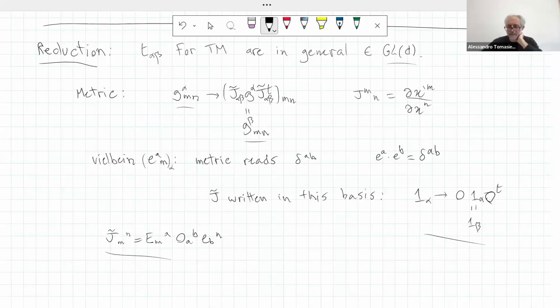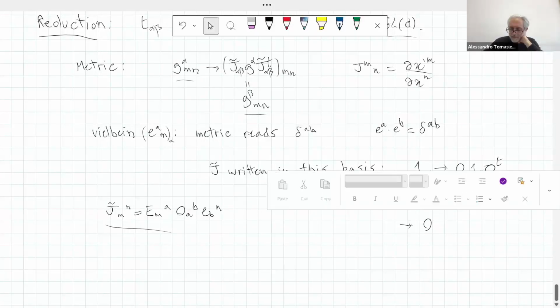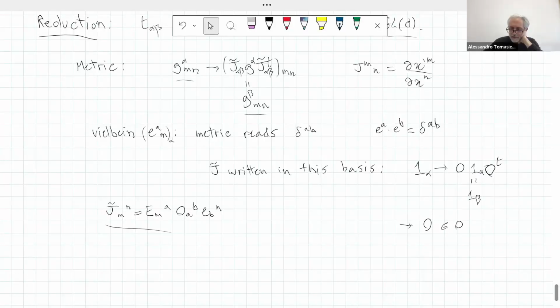But now, what does this tell us about O? Well, O O transpose gives the identity. So O is, as the name suggests, in O(N). So the transition functions started their life as valued in GL, but now we discover that they can be written in terms of some matrices that actually live in O instead of GL.